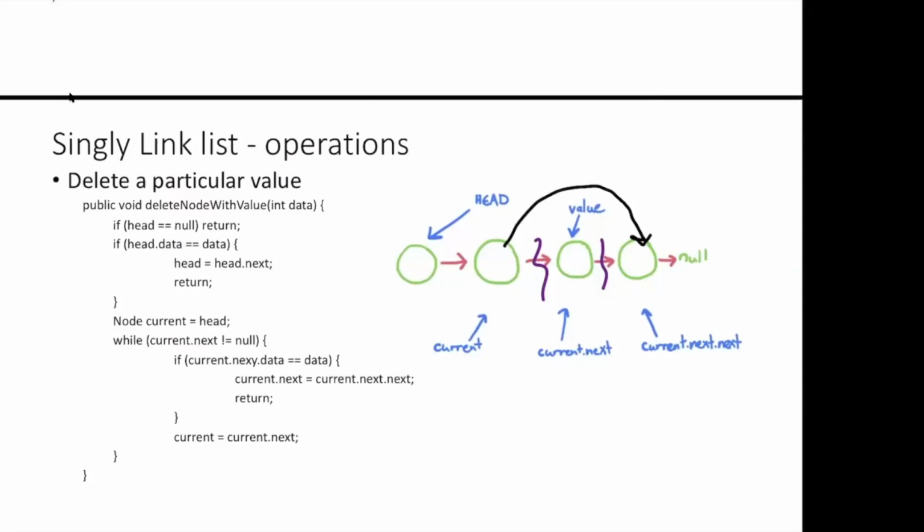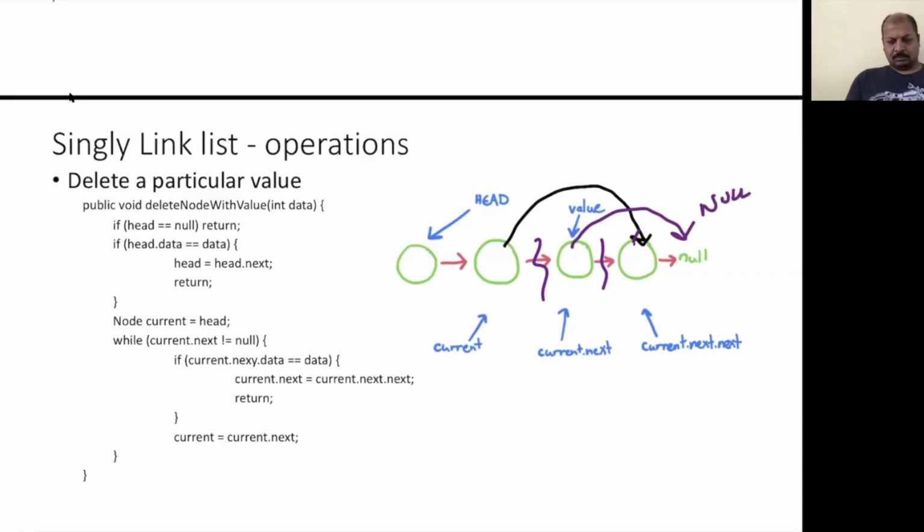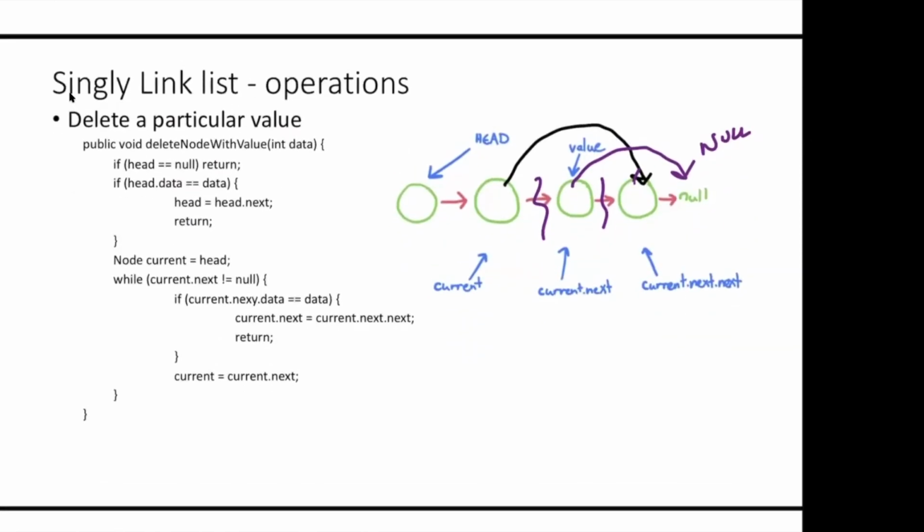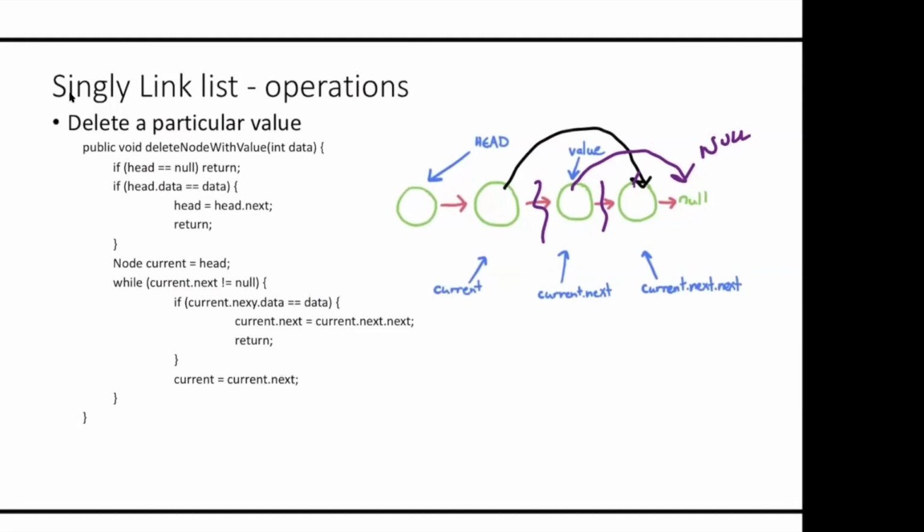If you're pointing to the end node, that element will point to null in that case, if it is the last element you want to delete. So I'm moving on to the next. Is this clear for delete? In general for linked lists, all we need is to be able to visualize where the links are going, from link 1 to link 2 to link 3, at any point of time.